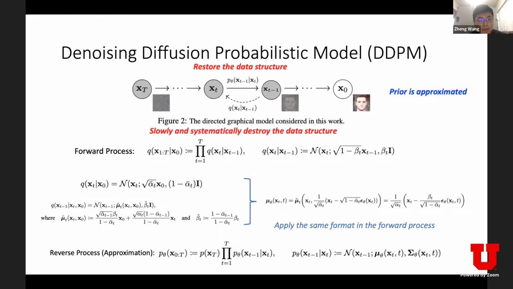So let's get into the denoising diffusion probability model, which is inspired by the statistical thermodynamics. Here we use the same notation as in the previous slides. X0 is the observed images, and xt is the latent variable, and has a standard normal distribution prior.